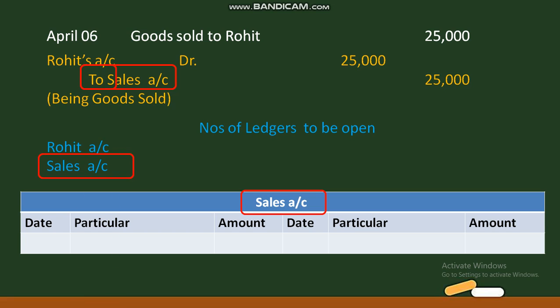We have to find out the reason. This transaction will appear on the credit side of sales by Rohit's account, because Rohit has been debited with amount rupees 25,000. So you can correct that.